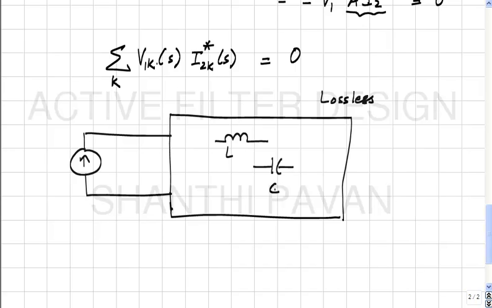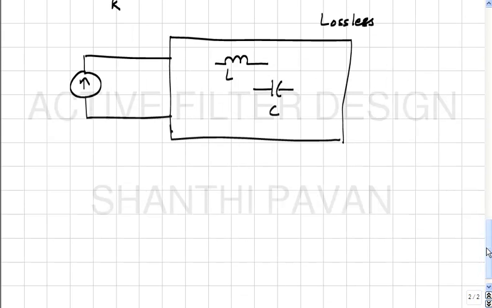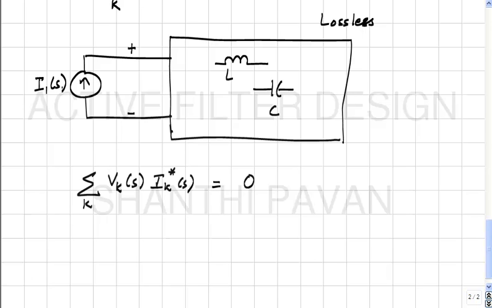So clearly for this network, the sum of Vk(s) times Ik star(s) over all branches must be equal to 0. Okay. So the only branch for which the sign of these is negative is which one?